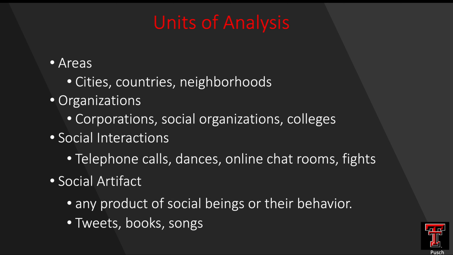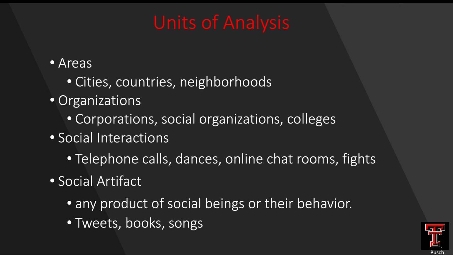And then a social artifact. So this is something that we do use quite often in social science. If you see anything that's looking at the differences in tweets or books or songs, you could think that it's a social artifact, or any product that's produced by humans.